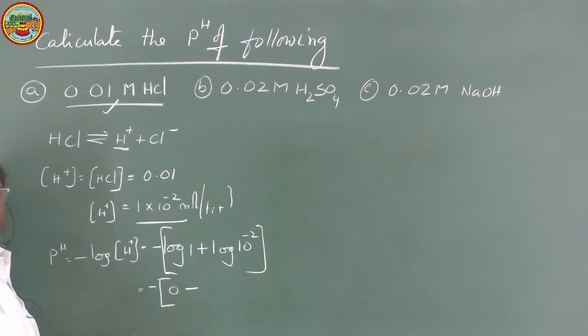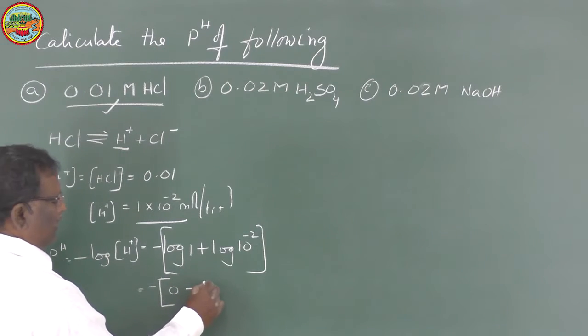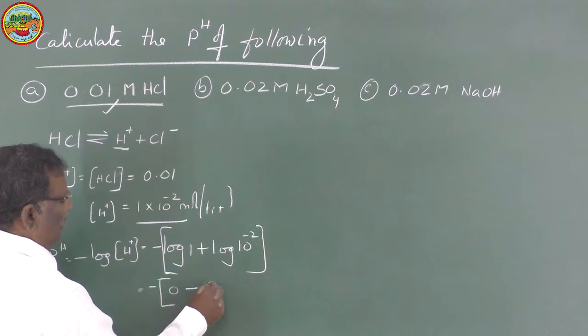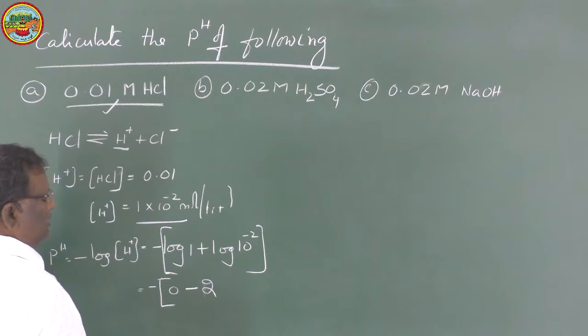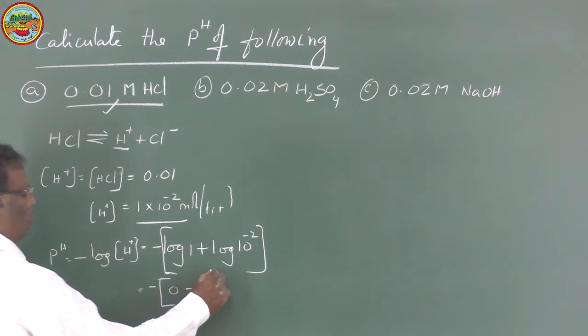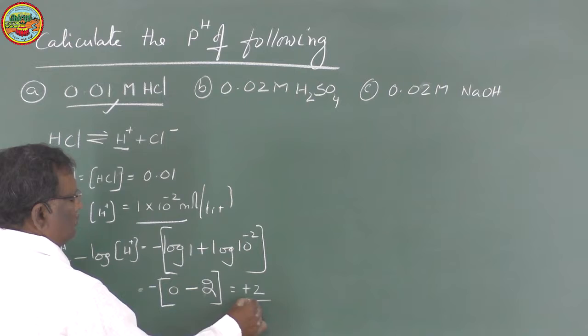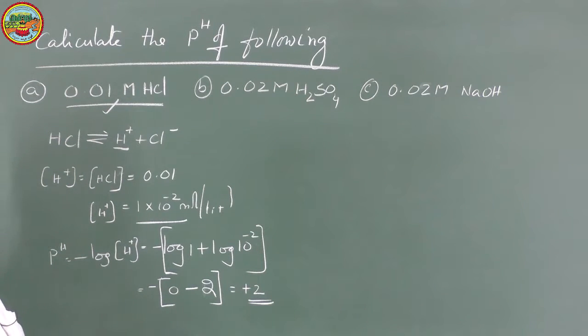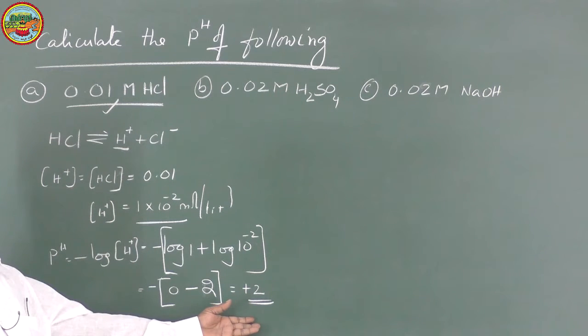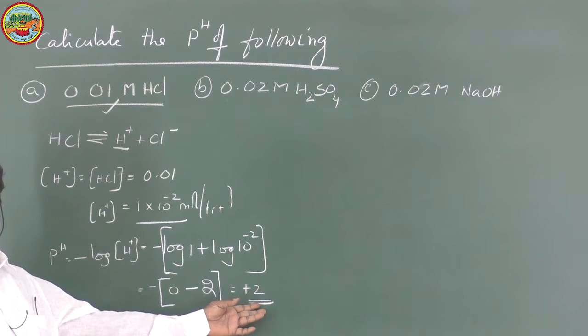So 0 minus log 10 to the power minus 2. The log value of 10 to the power minus 2 is minus 2. So minus of minus 2 will be equal to plus 2. So the pH of 10 to the power minus 2, or 0.01 mole HCl, will be equal to 2.